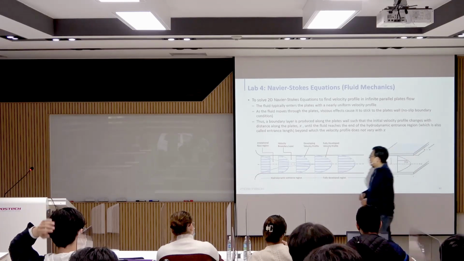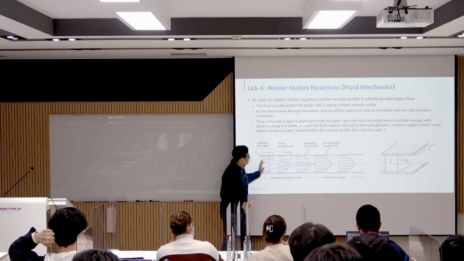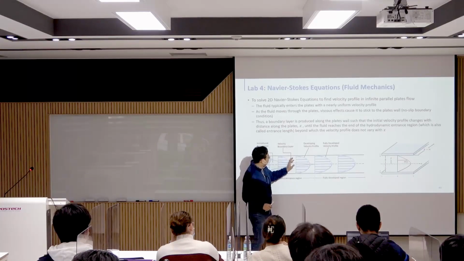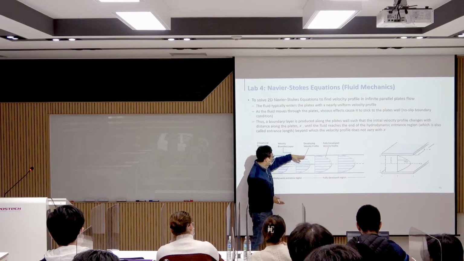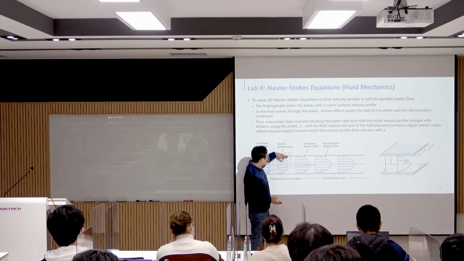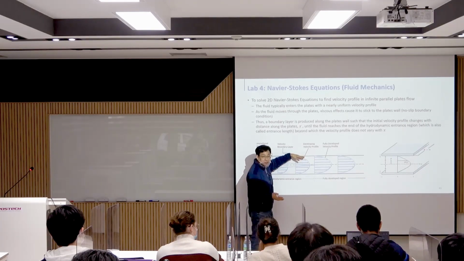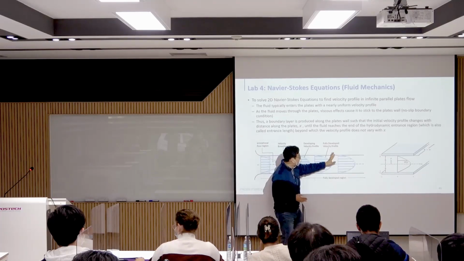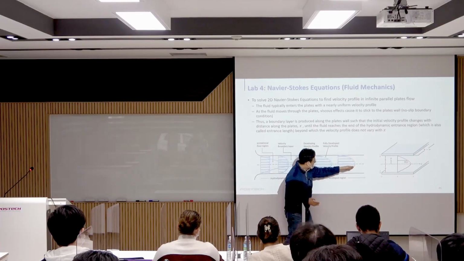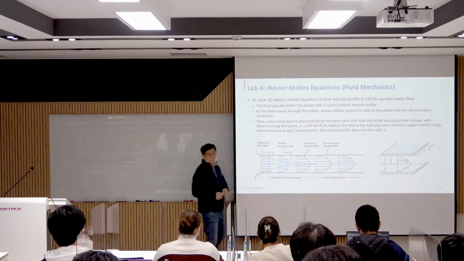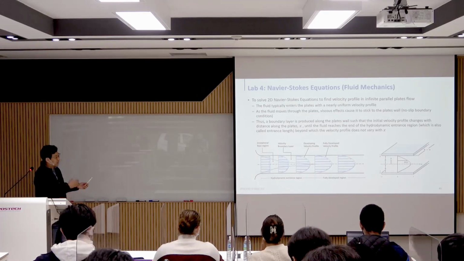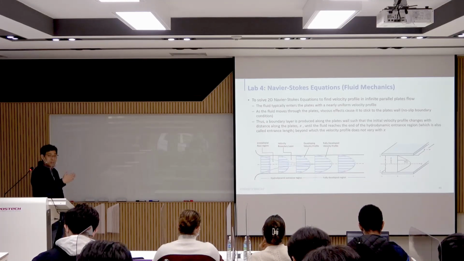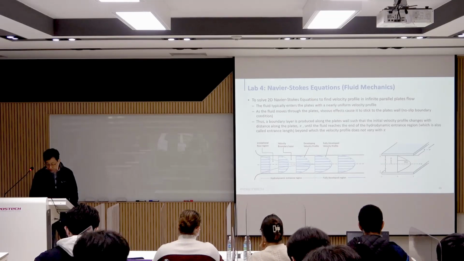So we have this kind of fluid mechanics in the system, and here we have the no-slip conditions, and eventually your flow is going to develop like that. If you're a mechanical engineering student, that's something you're supposed to know or learn from the fluid mechanics course.